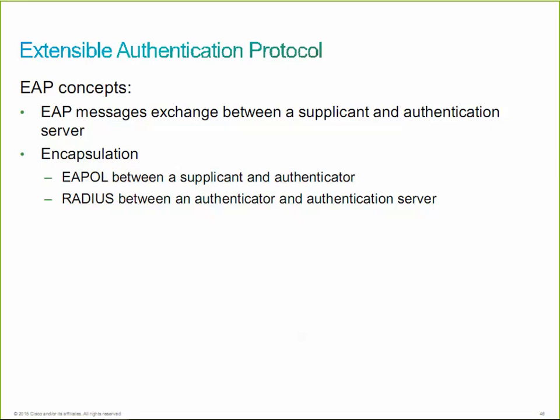It's carrying messages back and forth. It's not making decisions. It's not doing policy enforcement itself. It's simply passing messages back and forth. All right? So it's the decision of the authentication server that gets communicated with RADIUS over to the supplicant.